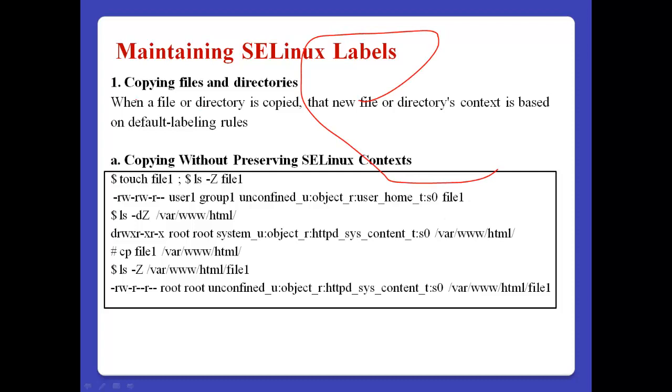Labels here, copying files and directories. When we copy a file or directory, in this case, the new file or directory context is based on default labeling rules. For example, if we create this file, touch file1, and check using this option, you can find user_home_t, because this is created in the user's home directory.